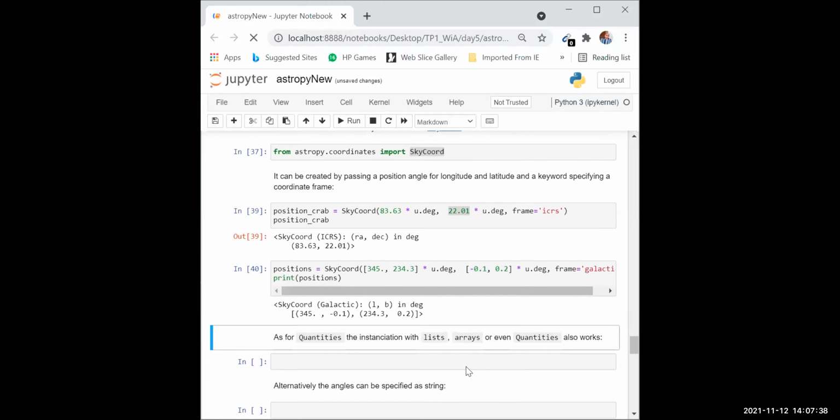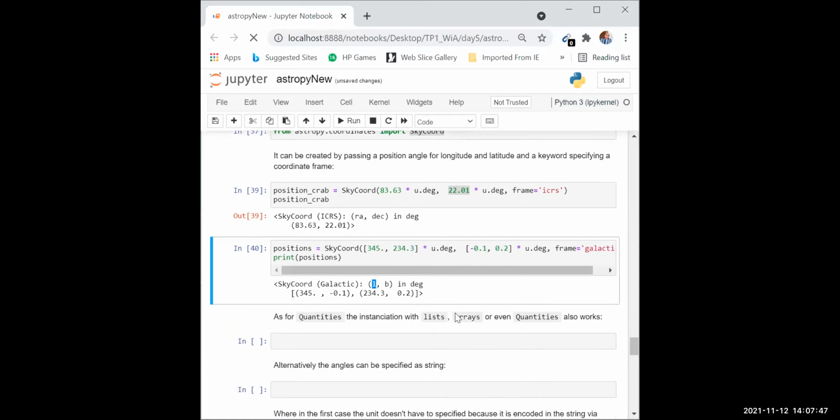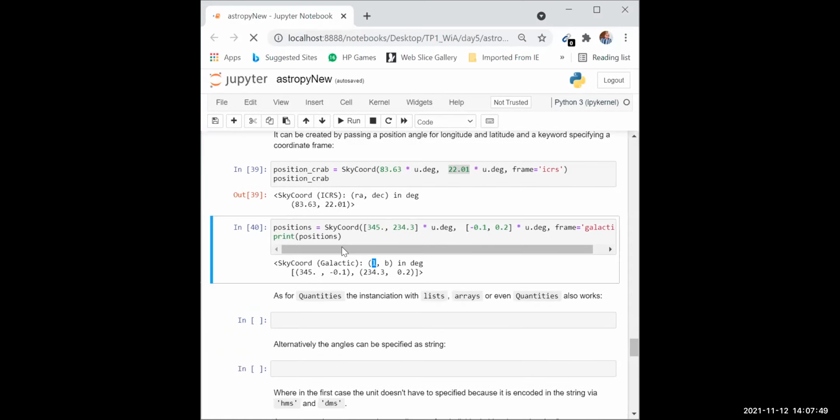So it is giving now in terms of L and B, galactic longitude and galactic latitude. Okay, and these positions which we have are for 2 objects. That's why we have 2 here.